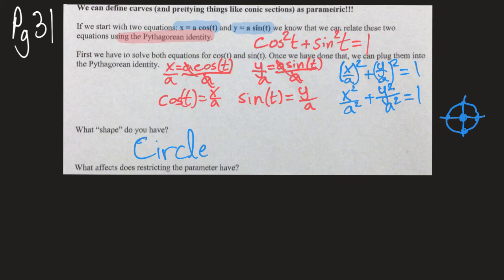Now, remember when we were dealing with our sines and cosines from last semester? We typically restricted our angle to be from 0 to 2 pi.